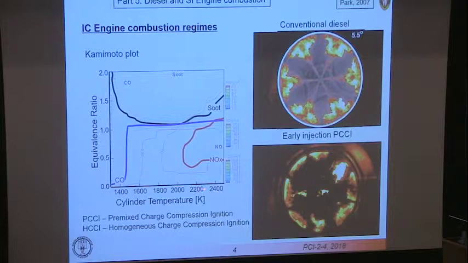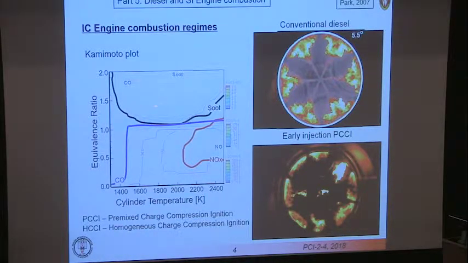So for example, at high temperatures and equivalence ratios below stoichiometric, you'll see a lot of NO or NOx. With high amounts of fuel, in other words, high equivalence ratio, you see the formation of soot. At low temperatures, you see unburnt fuel and carbon monoxide.